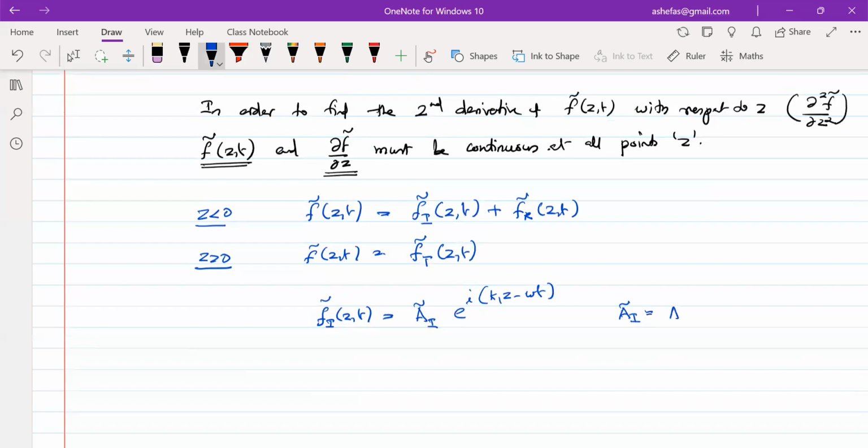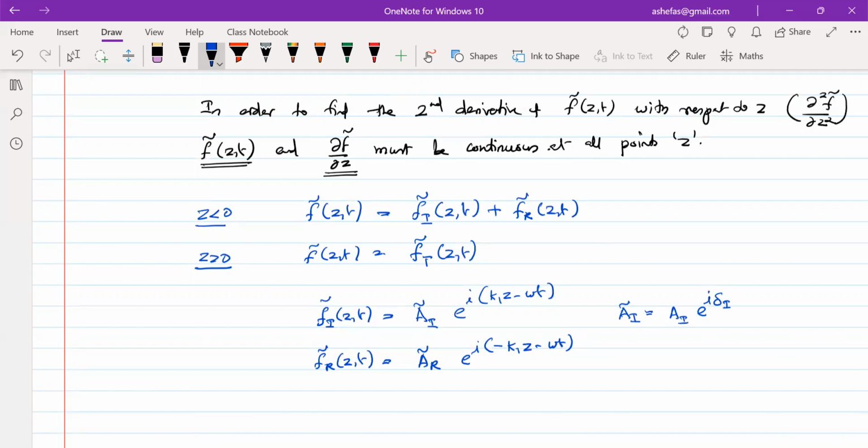Ai tilde is the real amplitude of the incident wave times e raised to i delta i, where delta i is the phase of the incident wave. For Fr, the reflected wave, we write its amplitude as Ar tilde times e raised to i, and since it is moving in the negative z direction, (minus k1z minus omega t).